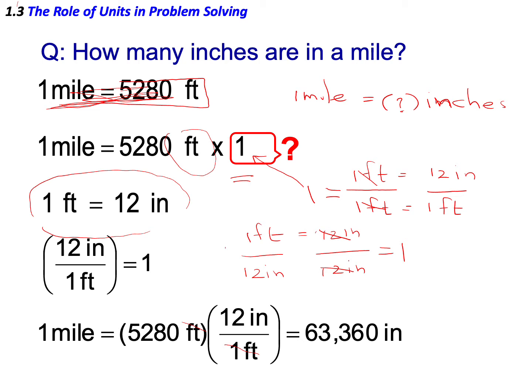But you cannot use this here, because there's no way you can cancel this foot with the 5280 feet in the given conversion. So you have to rewrite this conversion in such a way that one set of units cancels with the same units in the conversion. That's why you have feet here, and you can cancel them and are left with inches, which is the answer to your question.